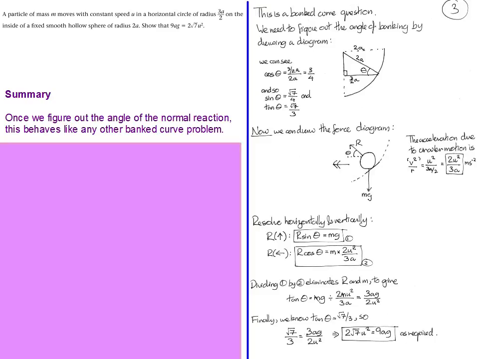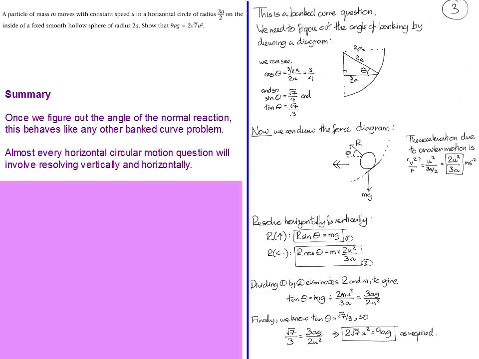That comes from geometry. With this question, as with the previous two, we had to resolve vertically and we resolve horizontally. Pretty much every question involving a horizontal circle is going to involve us doing these two things at one point or another. It should almost be the very, very first thing that you think about doing.